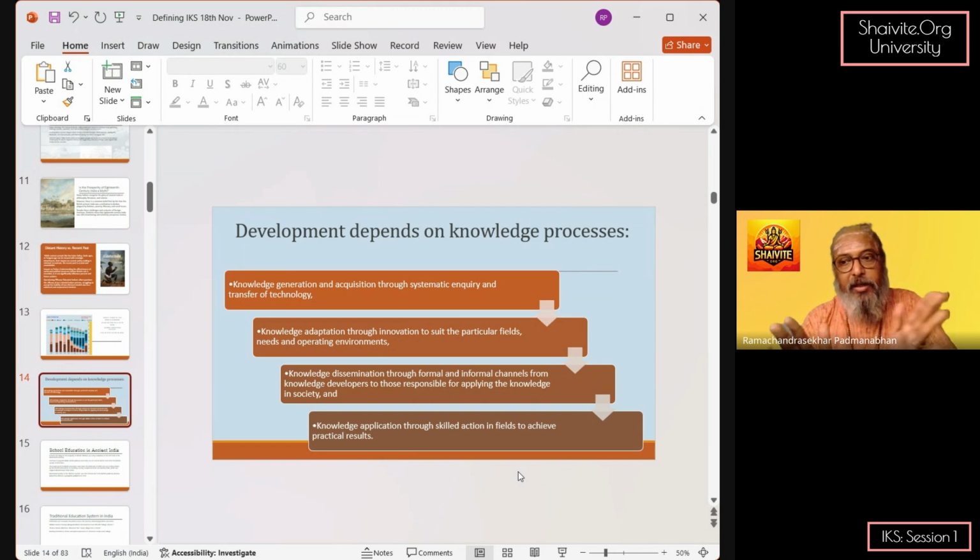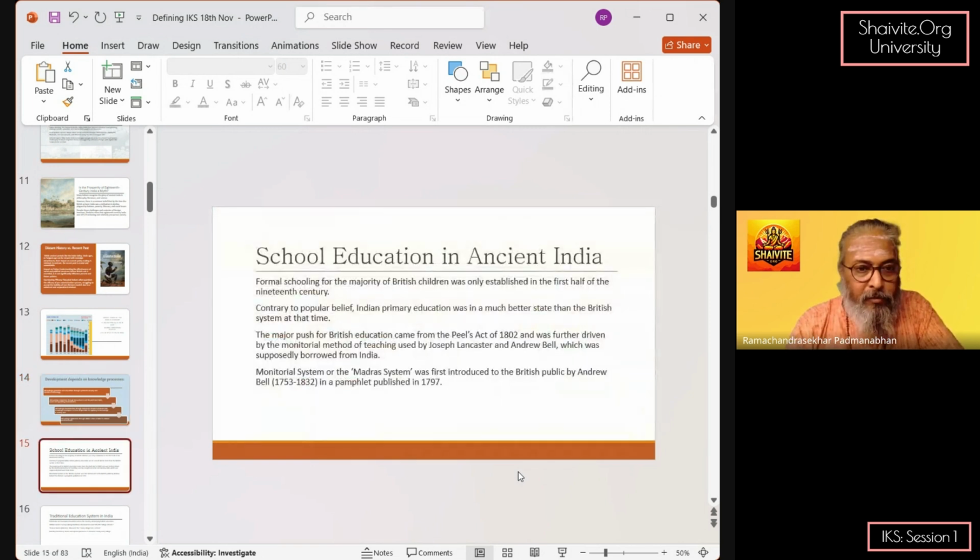I will just take two or three case examples, because this is where normally the Western ideas or the colonial ideas are thrust upon us. One is education. We all believe that school education was introduced in India by the Britishers, but not many would be aware that it was the other way around. India had a schooling system.